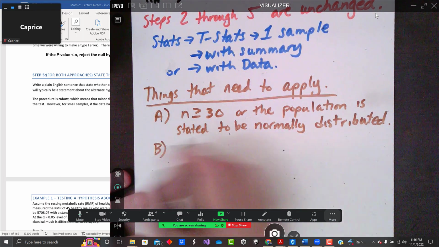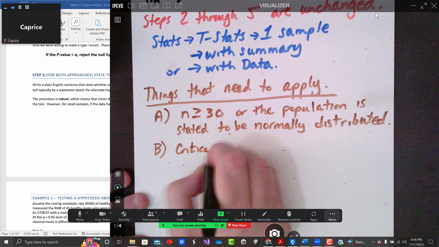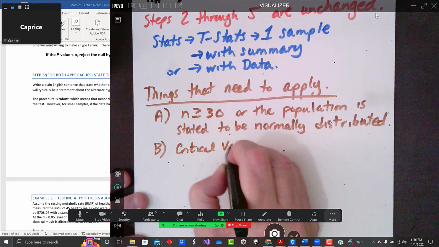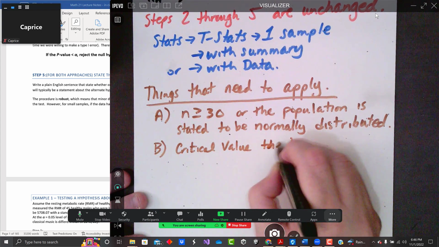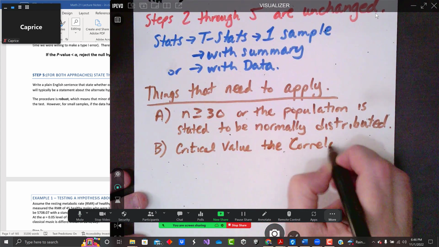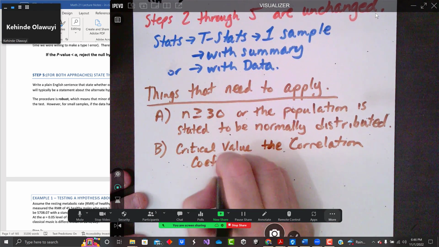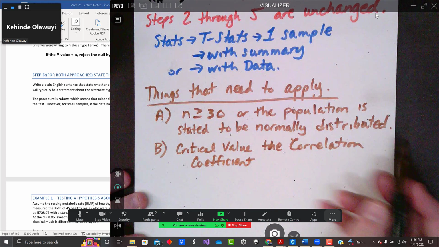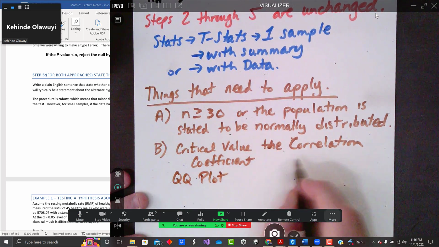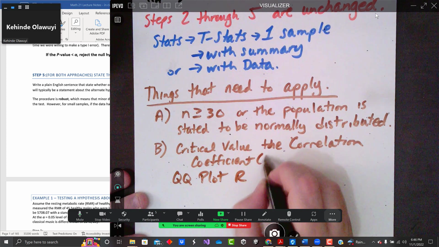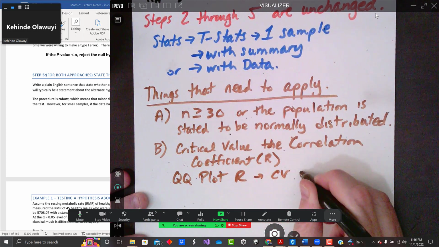Or B, we got to check the critical value versus the correlation coefficient. And that's from the QQ plot. It will give us the correlation coefficient, that's R. And the critical value comes from a table.